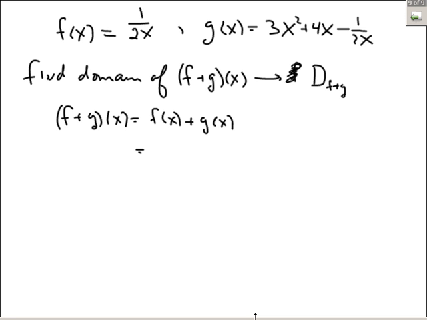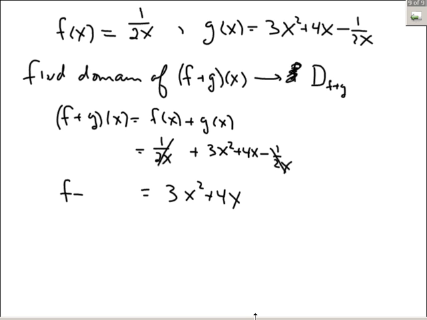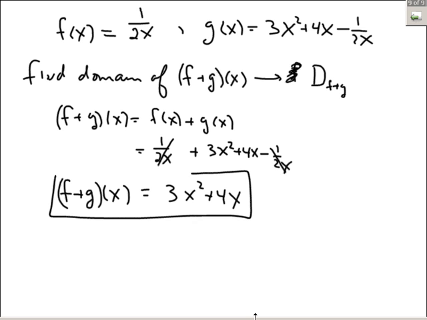Because if you do that, f of x is 1 over 2x plus 3x squared plus 4x minus 1 over 2x. This cancels and you get 3x squared plus 4x. Now, one might think that those two are equal.